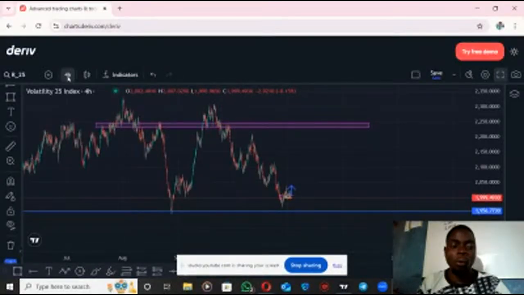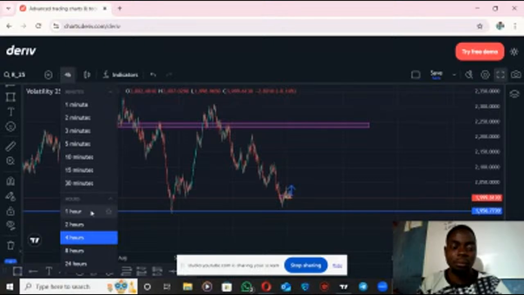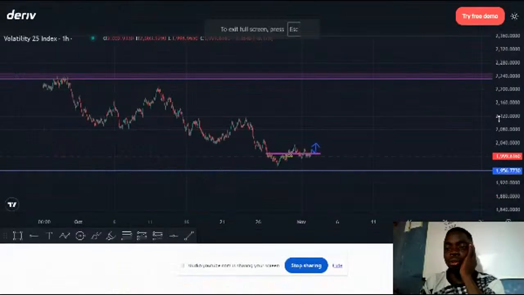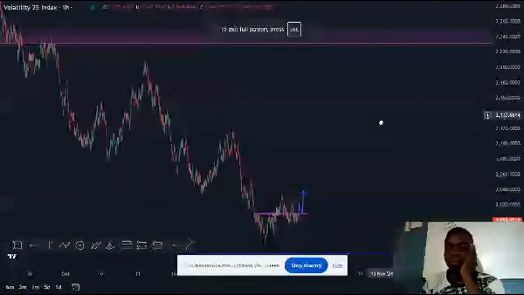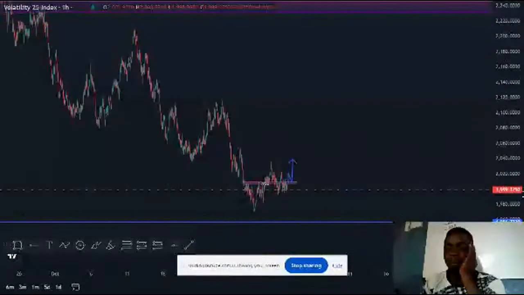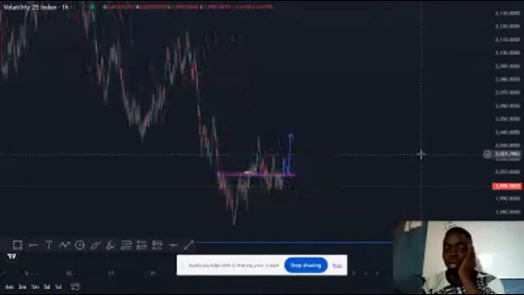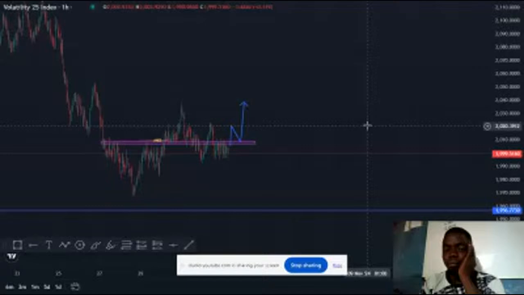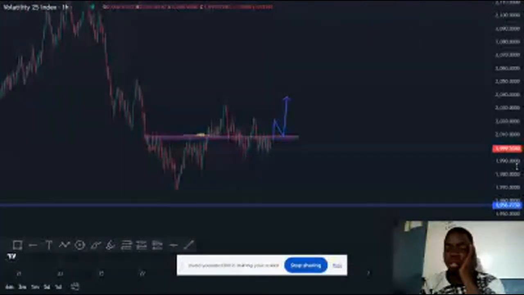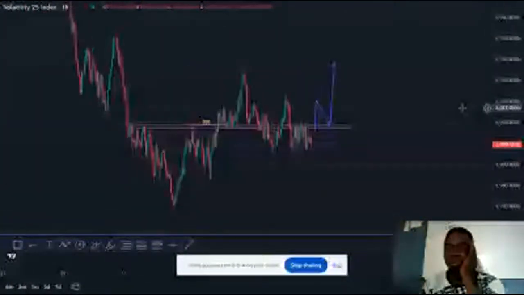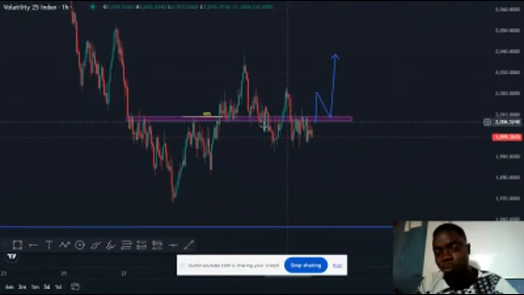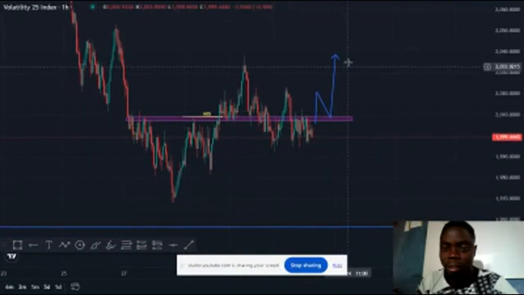So on the 1 hour time frame, you want to buy to that point, this point. I'm expecting price to break that level, and then I'll buy.